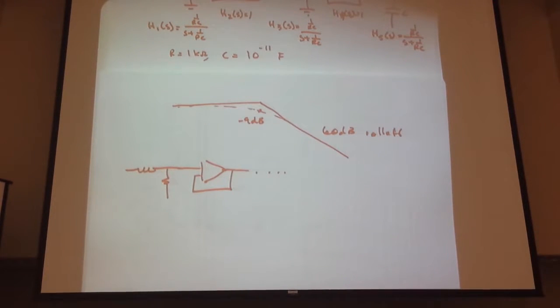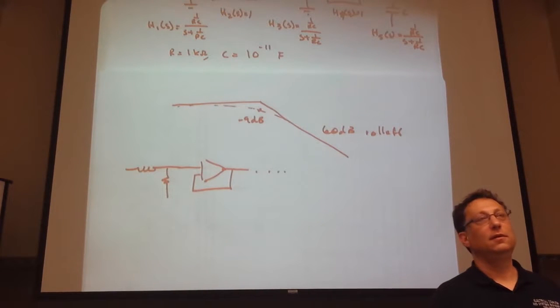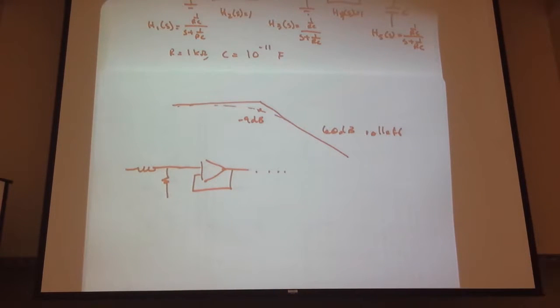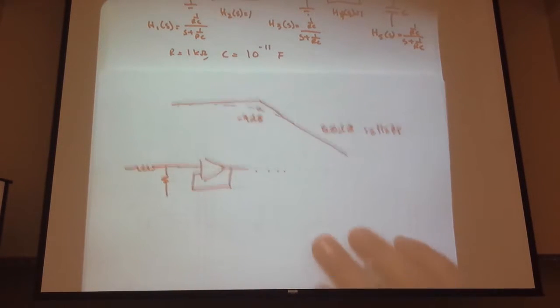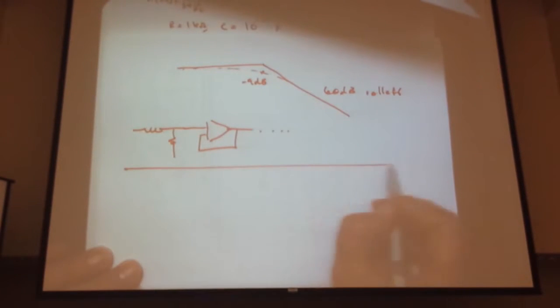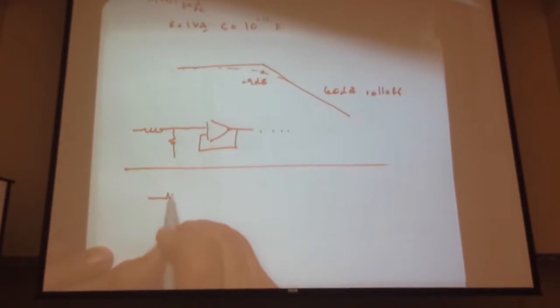What else could we do? What if I only gave you one op amp? Could you build this? How would you build it with only one op amp? Critically damped. So with just one op amp, you can still do an RC stage.